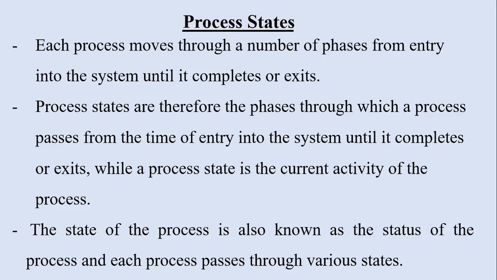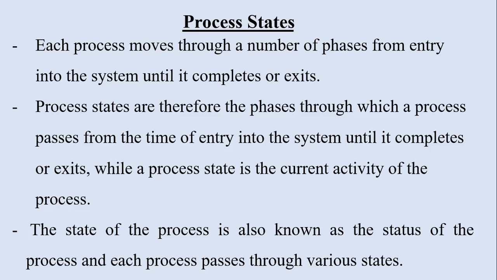So what are process states? Each process moves through a number of phases from entry into the system until it completes or exits. The process states are therefore the phases through which a process passes from the time of entry into the system until it completes or exits, while a process state is the current activity of the process.